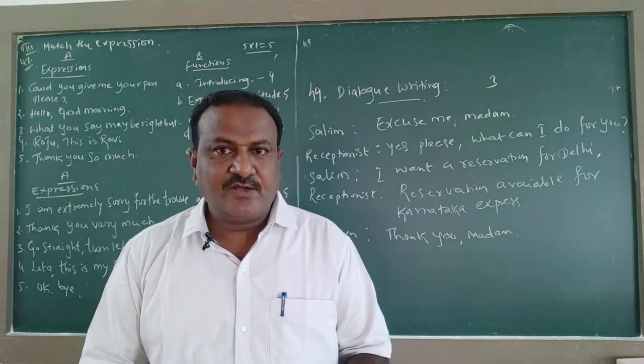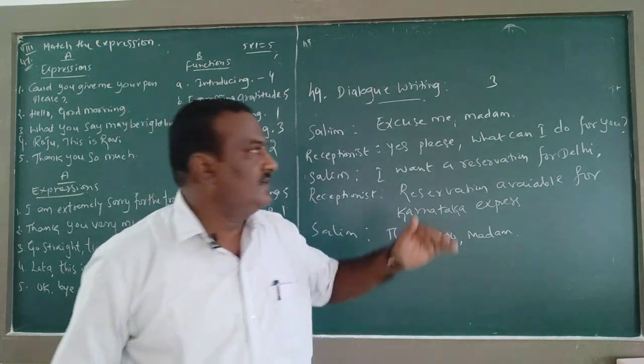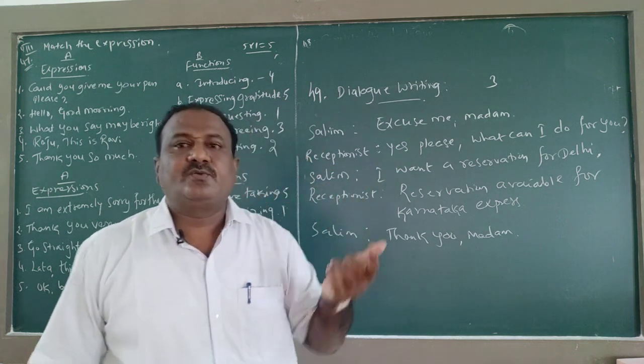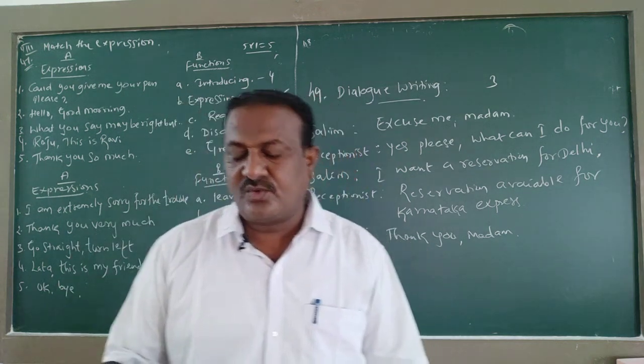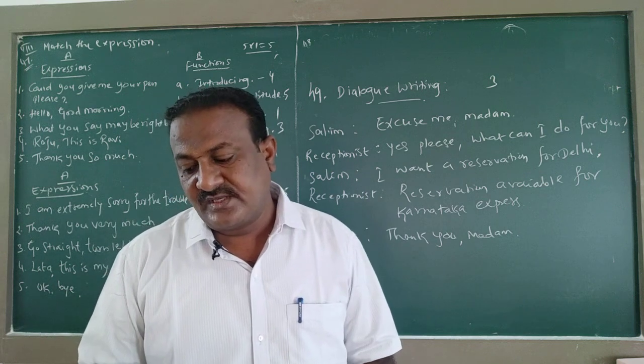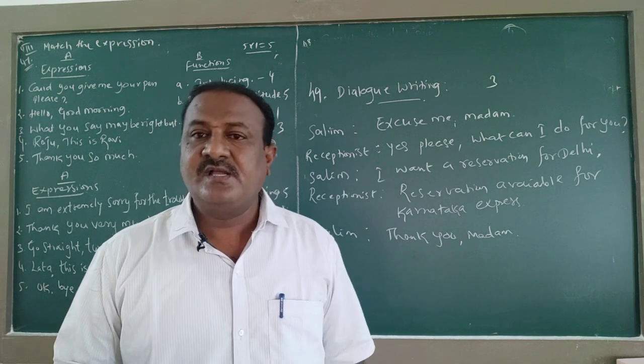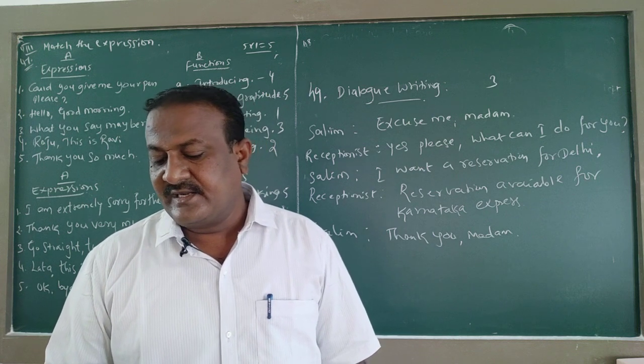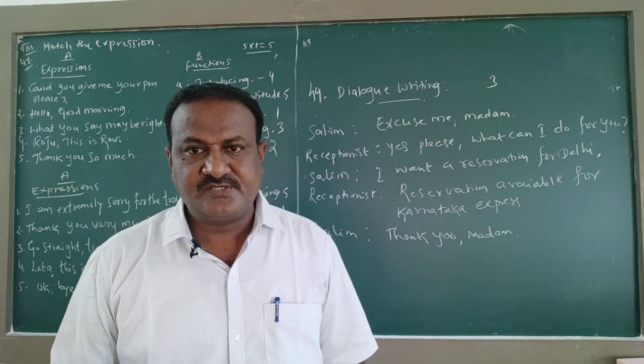So, here dialogue writing, conversation between Salim and the receptionist, we have to create and write. Salim goes to the railway station to enquiry about the trains to Delhi on Sunday. Write a dialogue between Salim and the receptionist.